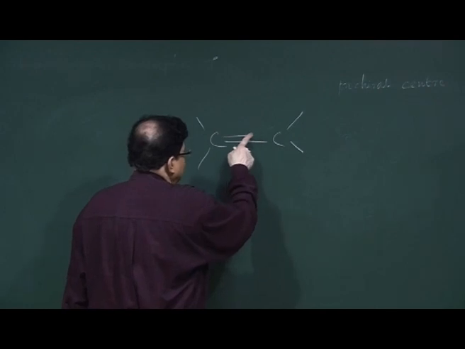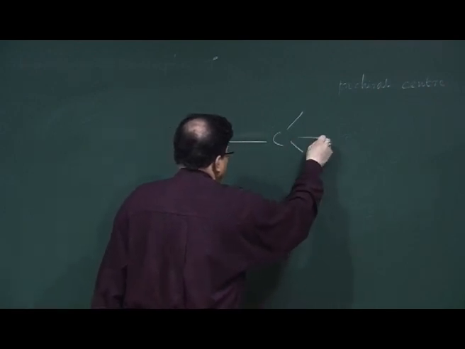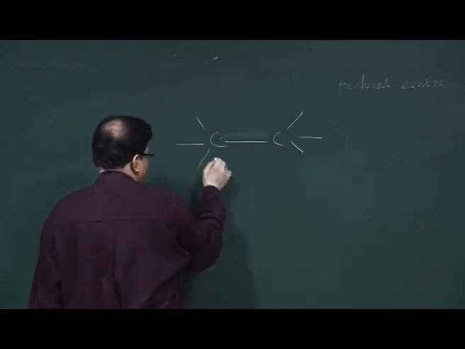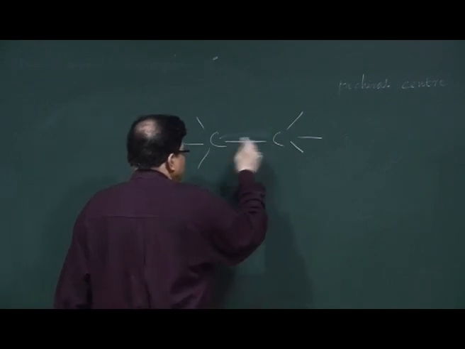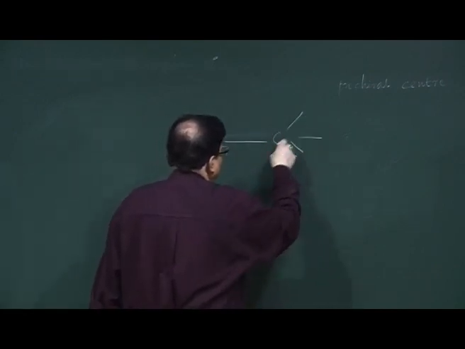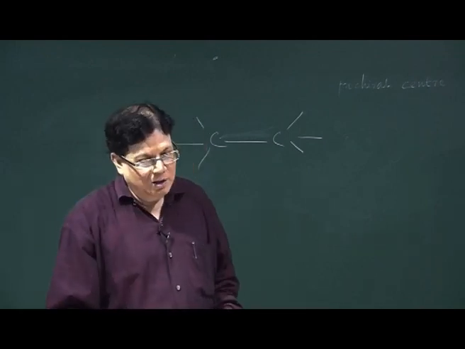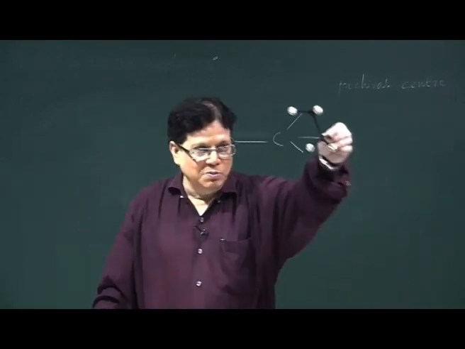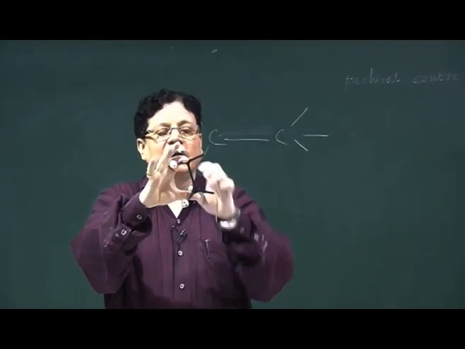But if you have a carbon-carbon single bond, with 3 ligands on both sides, and these carbons are attached to each other, then because it is a single bond, there is a possibility of rotation between the carbons. Suppose I have this molecule, this is the carbon-carbon bond, and these are attached to 3 ligands.